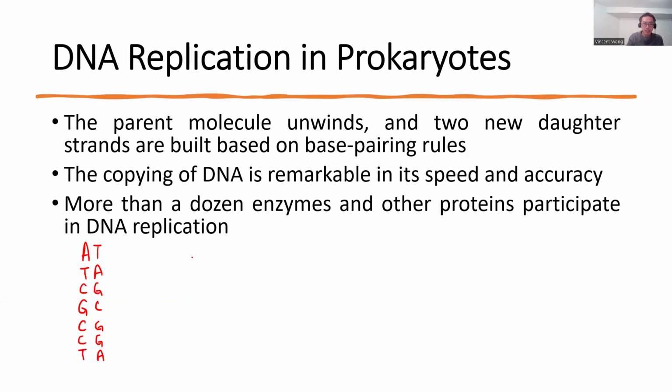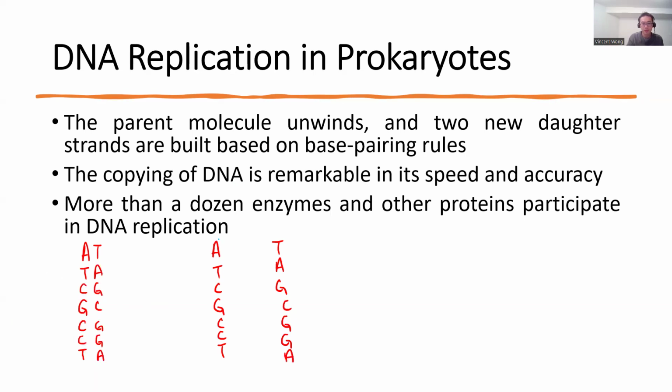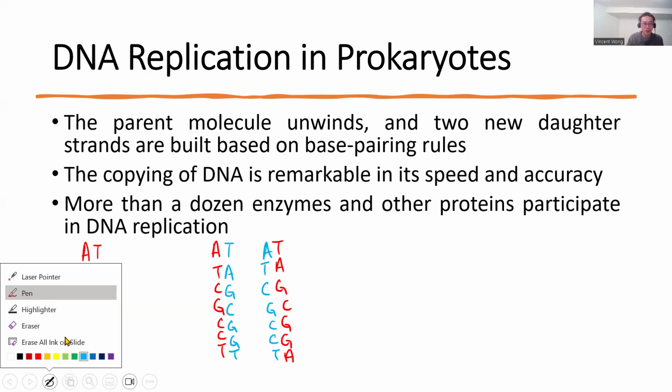Then what happens is you separate the 2 strands, and you build a new one. Your body sees an A here, so it's going to go with the T. T goes with the A. C goes with the G, and so on and so forth. Same thing here. When it sees a T, it knows to pair with an A. Using the base pairing rule that we learned, we end up having 2 strands.